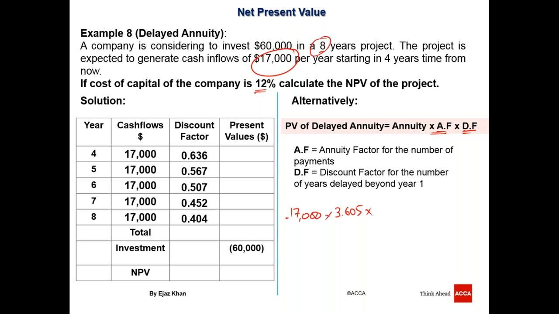Since in a normal annuity, we start receiving a cash inflow from year 1, here we are receiving it from year 4. So how many years delay is there? 3 years delay, yeah. So we have to pick the 3 years discount factor. So can I have the 3 years discount factor at 12%? 0.712.